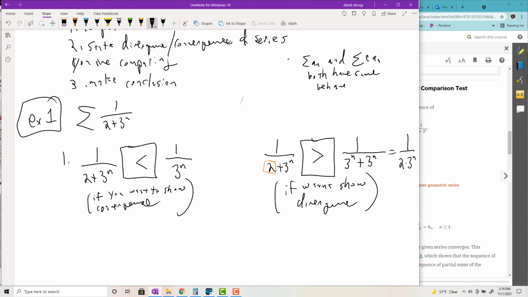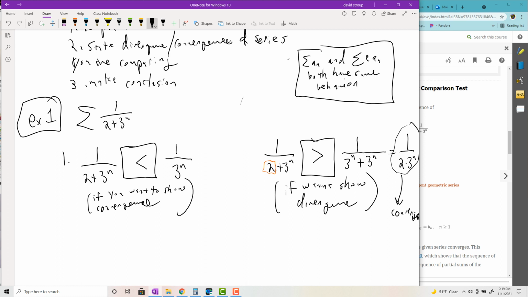So if you are doing the second comparison, this series right here will be a constant multiple of a geometric series. The geometric series given, 1 over 3 to the n, is convergent, so therefore a multiple of that geometric series will also be convergent. Okay, so this thing up over here is convergent.